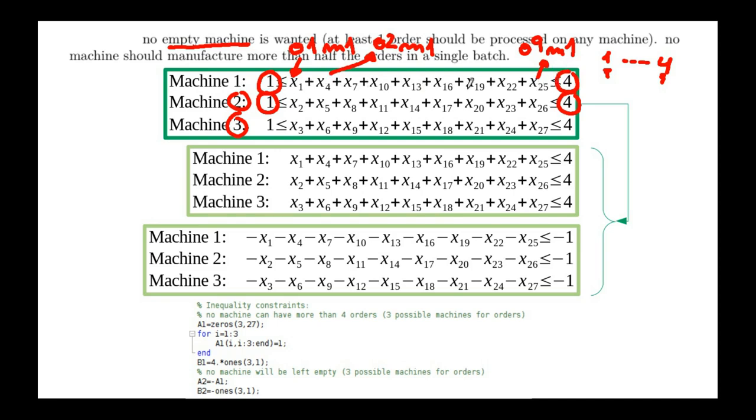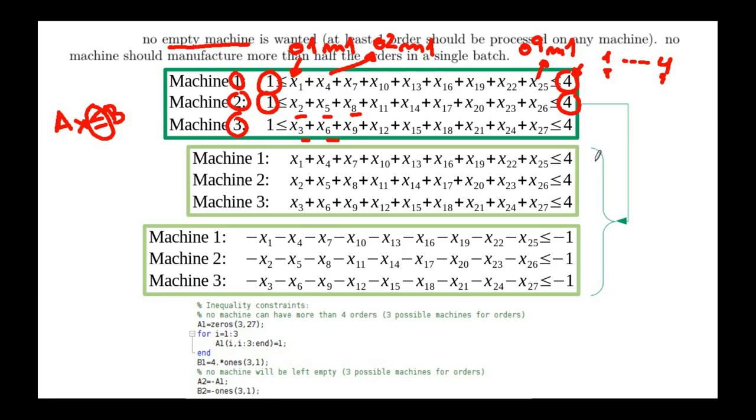Maybe we have a single 1 in all these positions. Maybe I have 2 1s in these positions. Maybe I have 3 1s, but no more than 4 1s in all these positions, because all these positions belong to machine number 1, and all these positions belong to machine number 2, and this for 3. But MATLAB only understands this kind of inequalities, smaller or equal than.